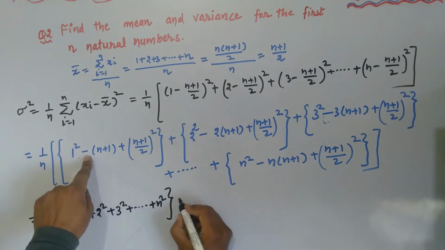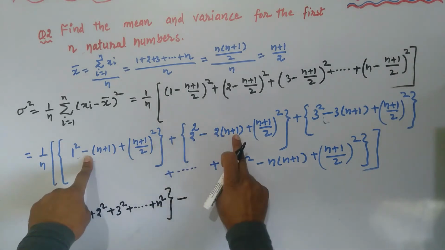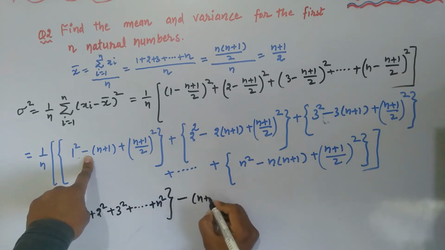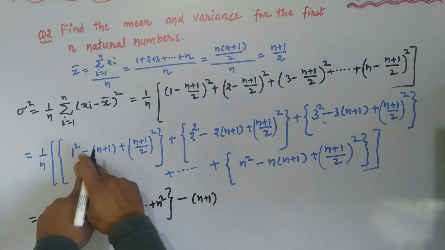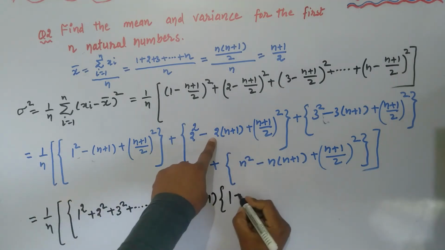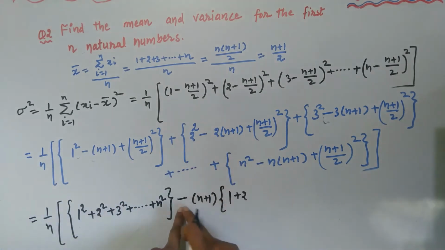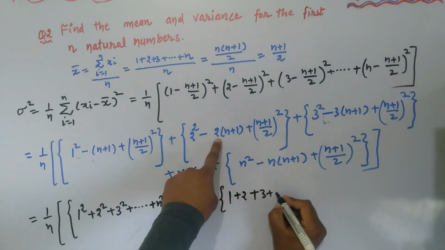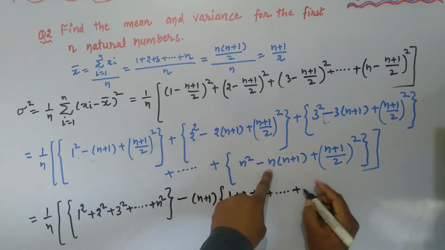Next is minus n plus 1, which is common everywhere. What are we left with? Here 1, here plus 2 because minus is already taken outside, plus next is 3, and so on. Last one is n.